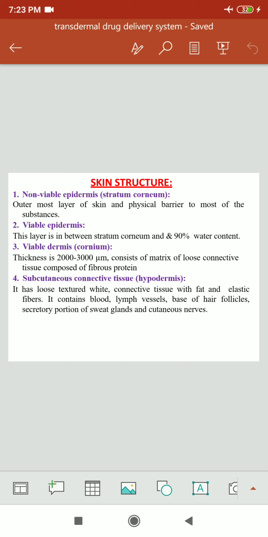Fourth and last is the subcutaneous connective tissue, with a loose texture, fibrous connective tissue with fat and elastic fiber. Due to this it has elasticity, and it contains blood vessels, lymph vessels, hair follicles and sweat glands. So this is the structure of skin.